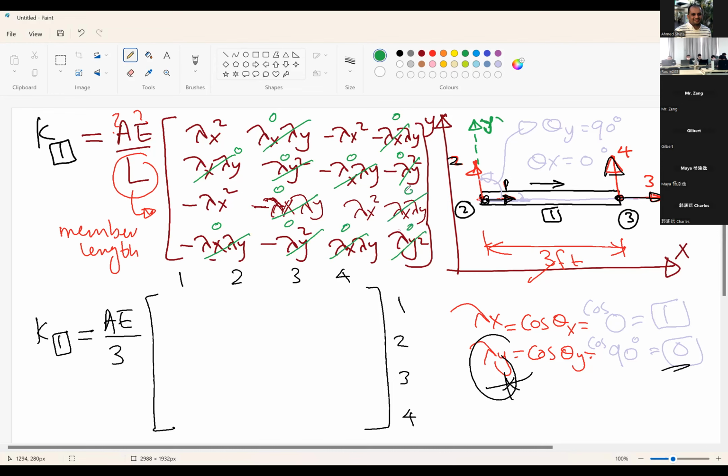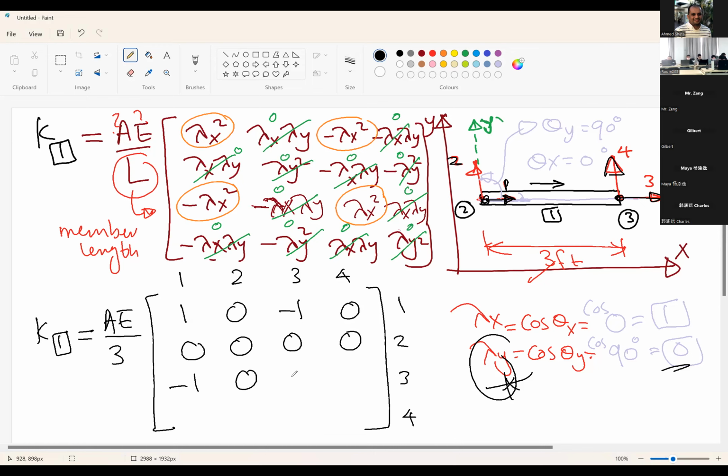So the only elements we will have in this truss element are those with lambda x squared, and lambda x is equal to 1. So we will have 1, 0, negative 1, 0; 0, 0, 0, 0; negative 1, 0, 1, 0; 0, 0, 0, 0.